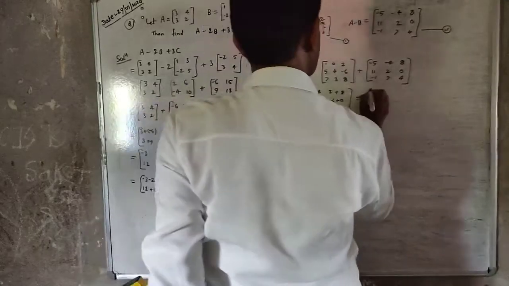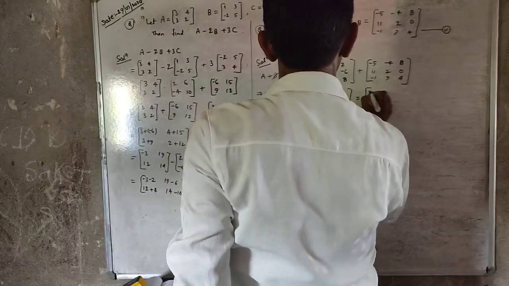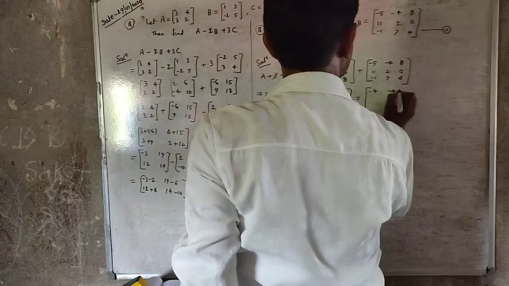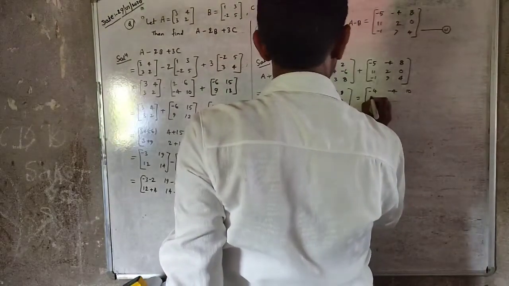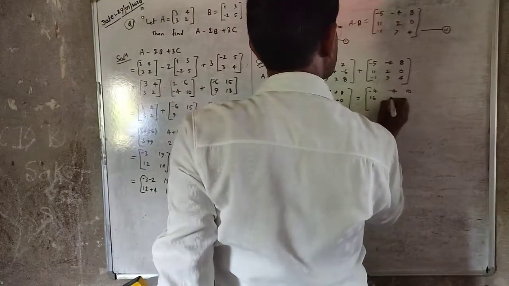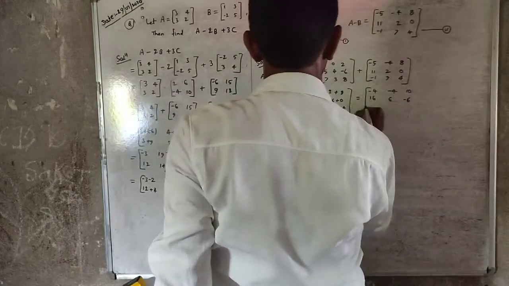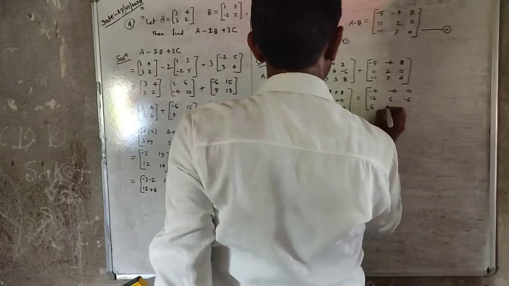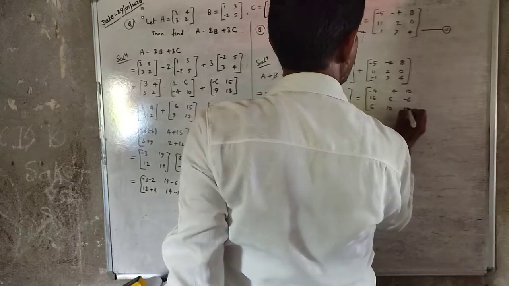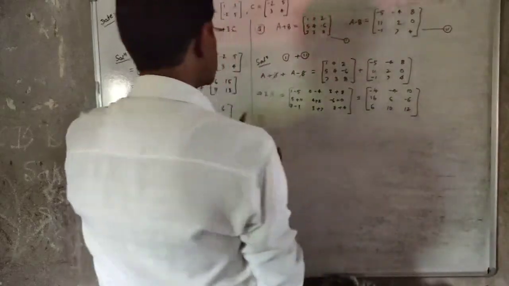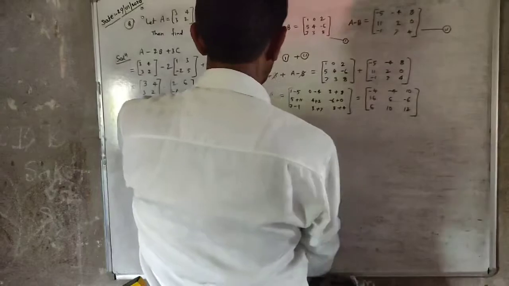It is equal to [minus 4, minus 4, 10; 16, 6, minus 6; 6, 10, 12]. It is the matrix 2A.